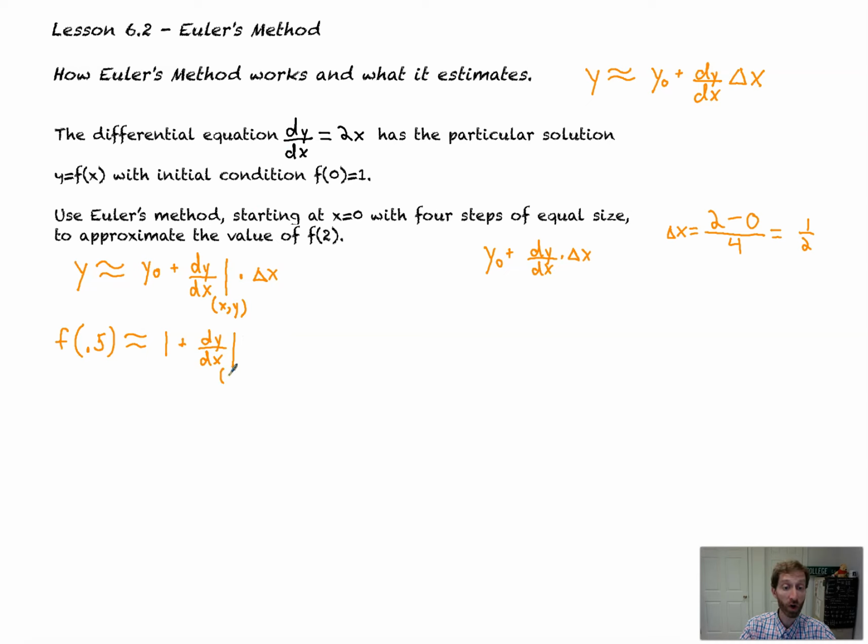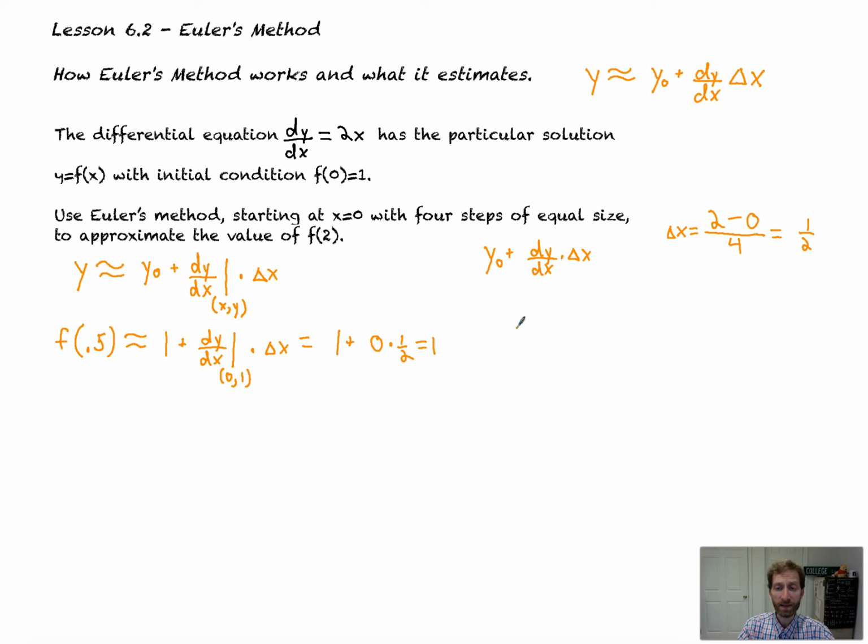So where are we? We're currently at (0, 1), times delta x. And I'm not going to write out this mess of notation each time. So that's going to be equal to 1 plus the derivative at (0, 1), which is 2 times 0. So the derivative at (0, 1), you just plug in x equals 0 into your derivative. That's 0 times delta x, which is 1/2, which equals 1.